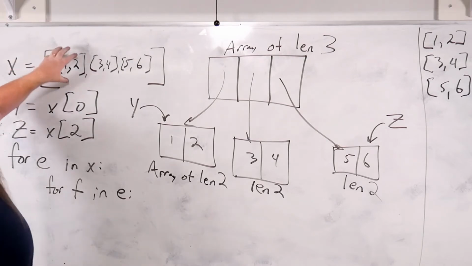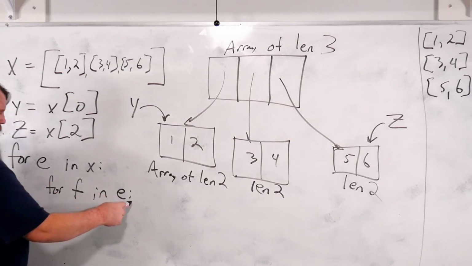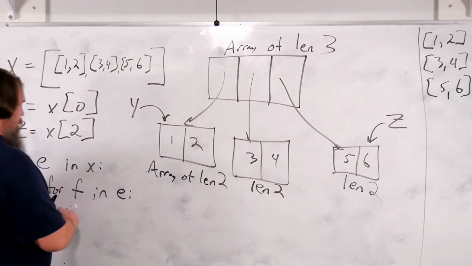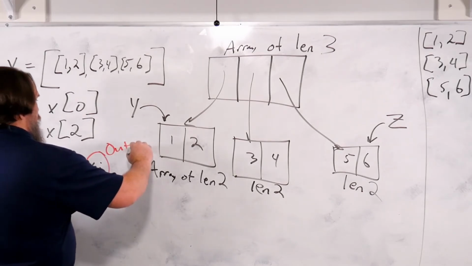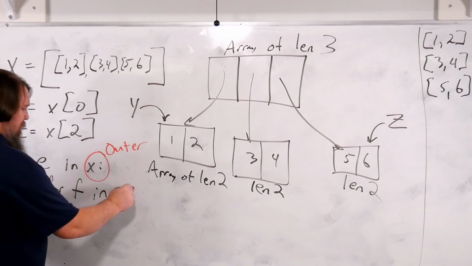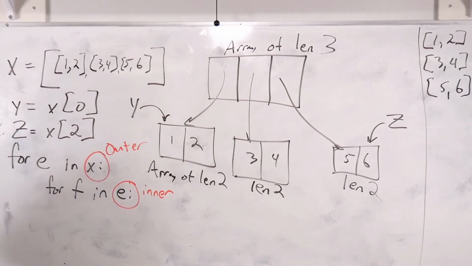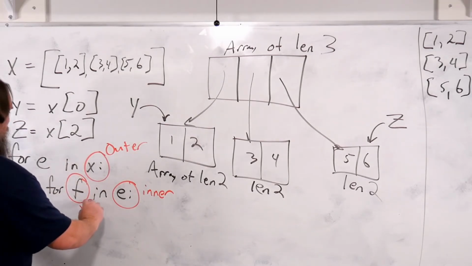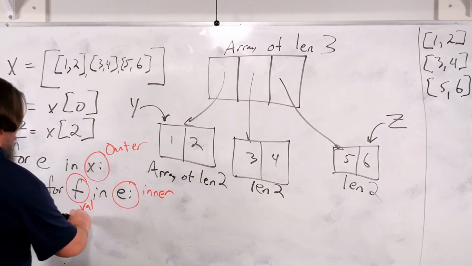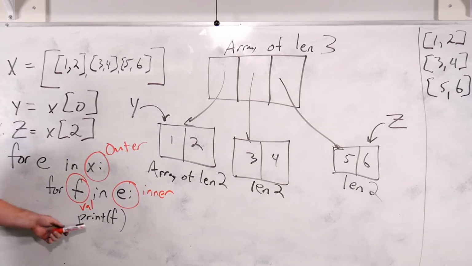Every element of this is one of the small arrays. So this is the outer array, and this is always one of the inner arrays. So what is F? This is a single value. If we print F, what are we going to get?